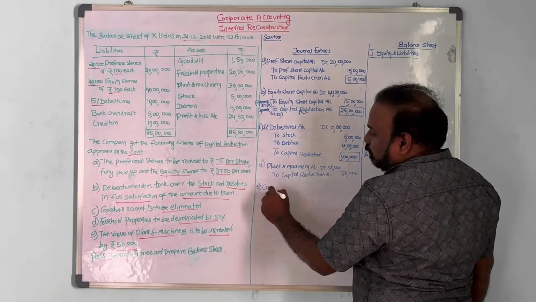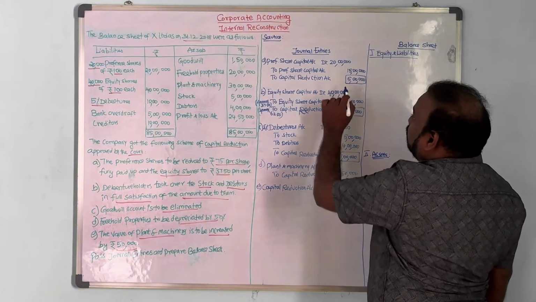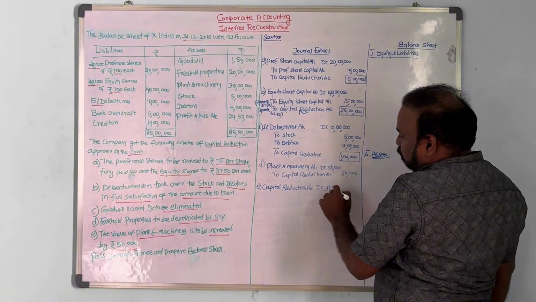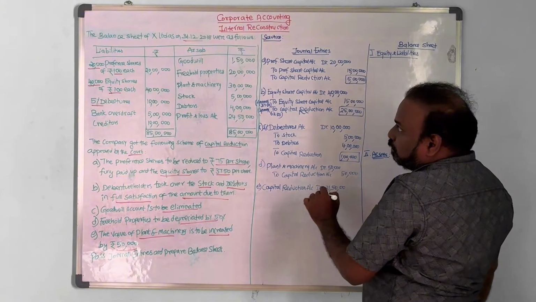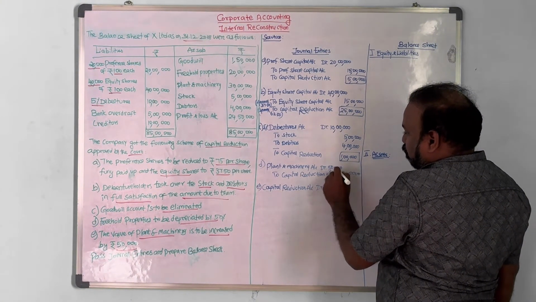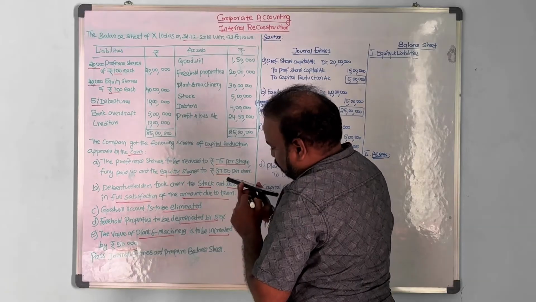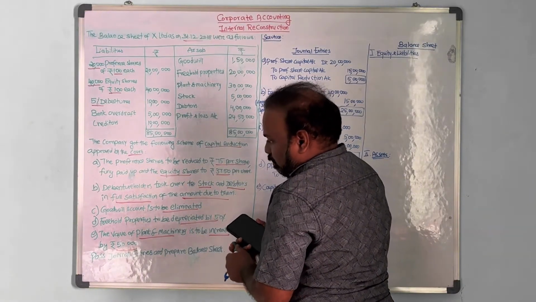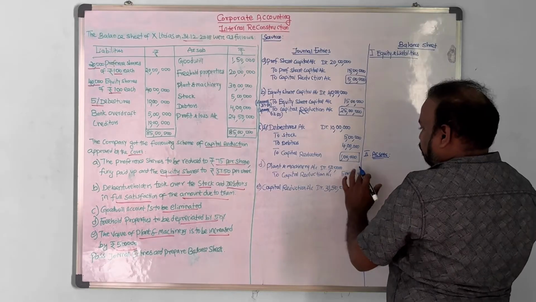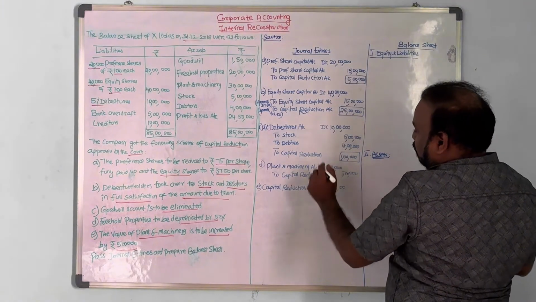Then capital reduction account debit: see the amount here, 5 lakh plus 25 lakh, 30 lakh, 31 lakh, 31 lakh 50,000, 36 lakh.